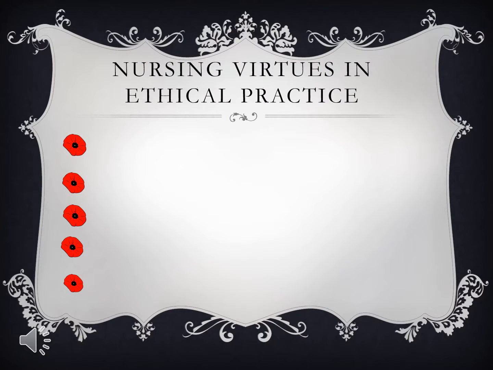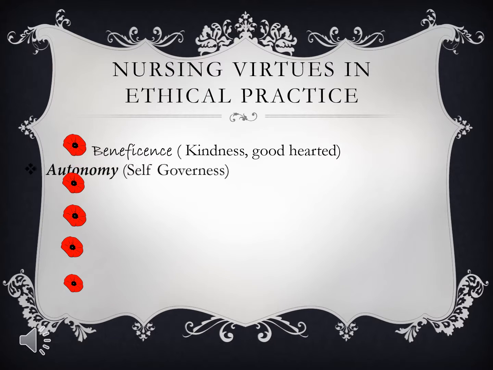Ethical practice is built on five main virtues. Nursing professionals have the responsibility of being altruistic. This means that we have the obligation to serve others without self-interest. It is deeply rooted in the act of caring. This is beneficence. Autonomy is self-regulation.